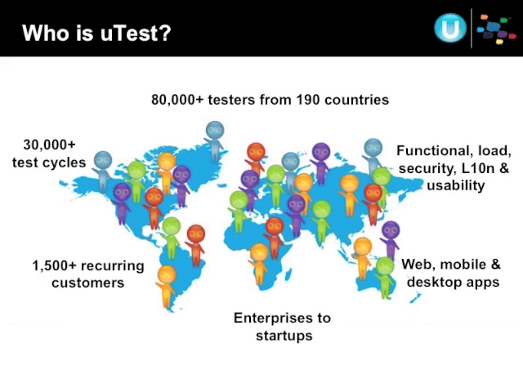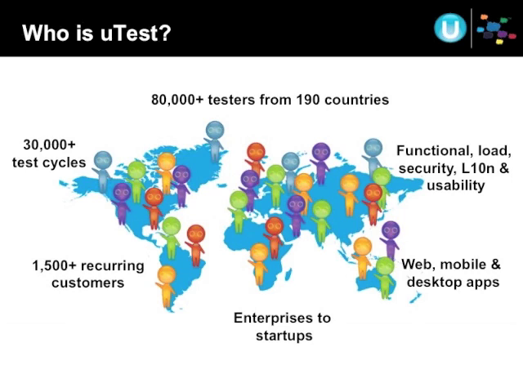And to do this, we have over 80,000 testers from 190 countries around the world. And we've completed over 30,000 test cycles from small startups to enterprises, and we've done this across functional testing, load testing, security, localization, and usability. And the final component is we do this across mobile apps, web apps, and desktop apps.